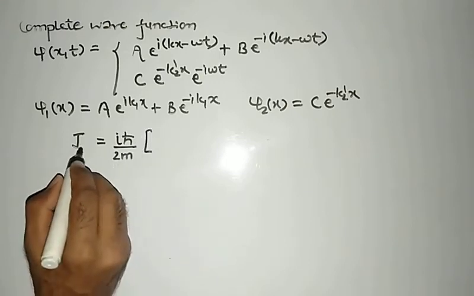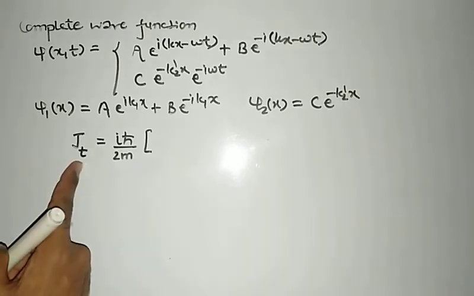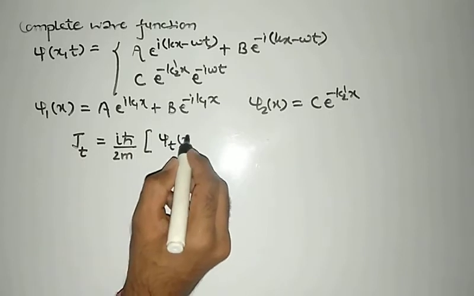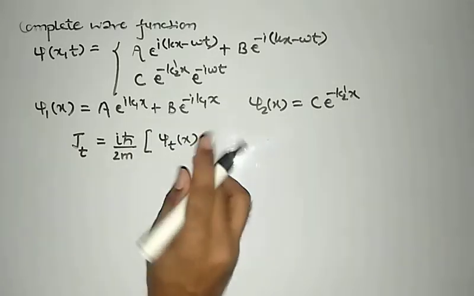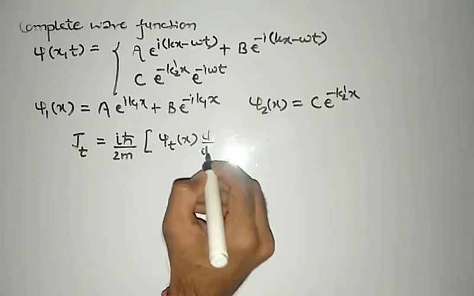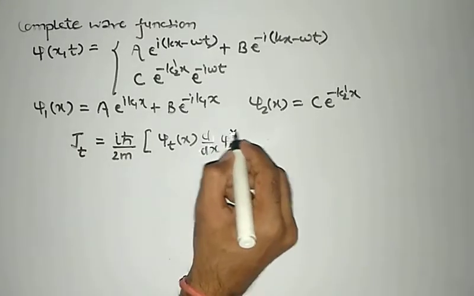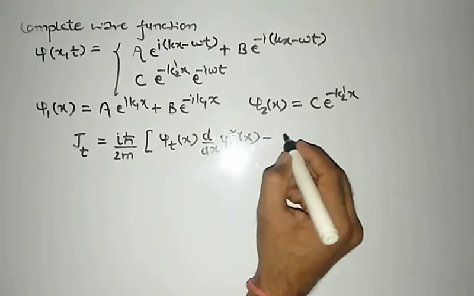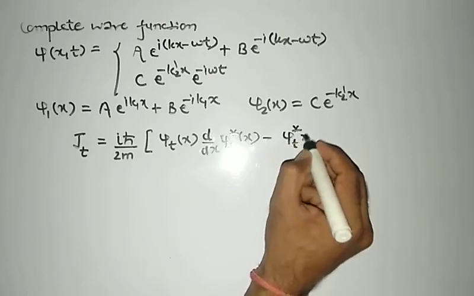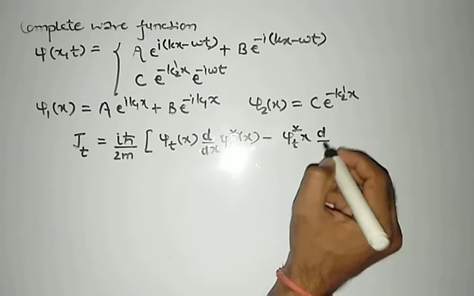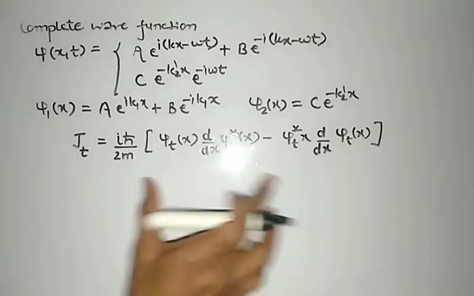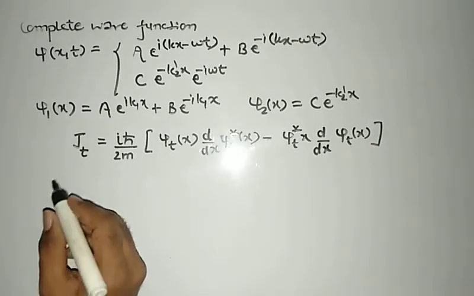If we write it for the transmitted part psi t, then this will be psi t star times d by dx of psi t, minus the complex conjugate of the wave function and so on. We introduced this in case first, in the previous video.